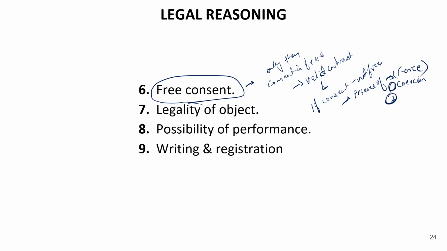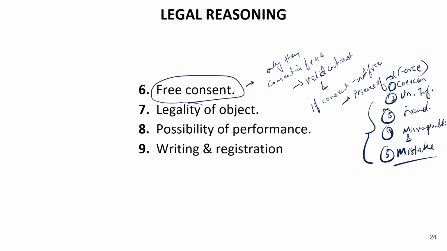First is coercion, then second is undue influence. Then you have fraud. Then you have misrepresentation. And then obviously you have mistake. So if these things are present, then the contract will be considered a voidable contract.